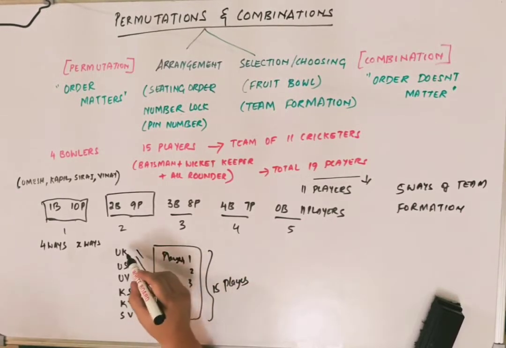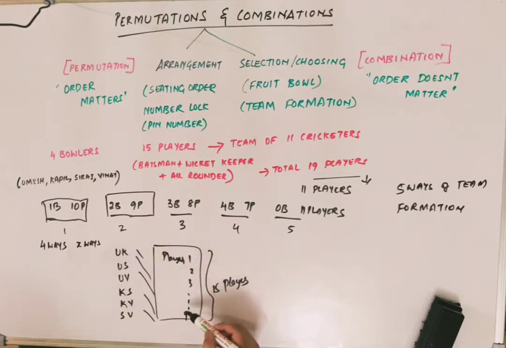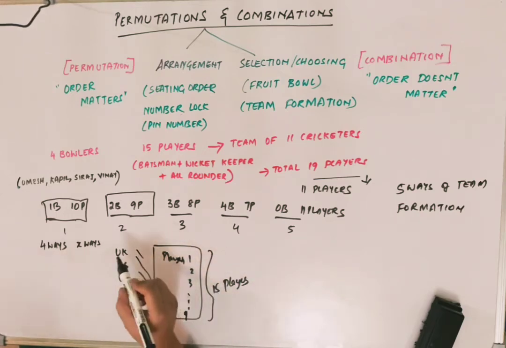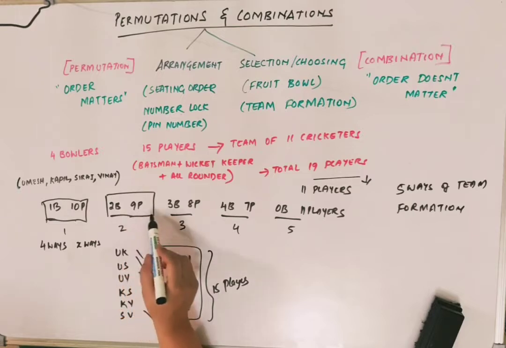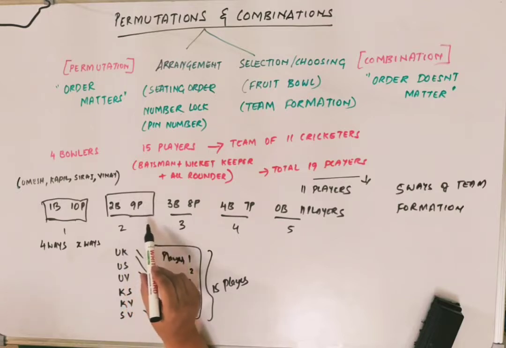So we can take Umesh and Kapil with players 1 to 9, or Umesh and Kapil with players 2 to 11. So internally within a team formation, you have multiple ways of arranging the bowlers and other players, right?